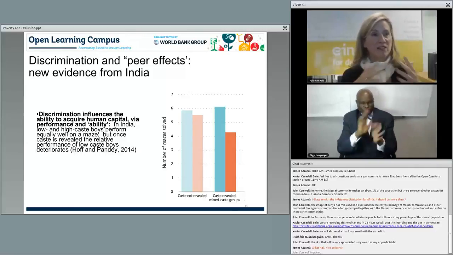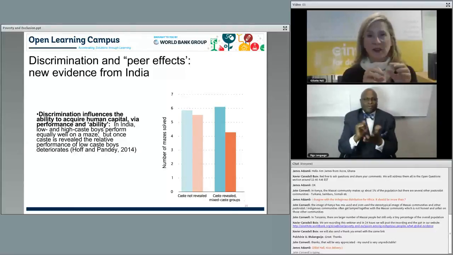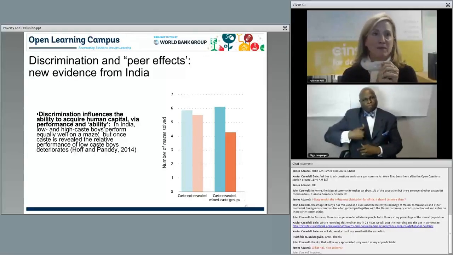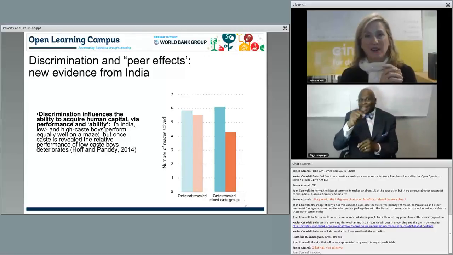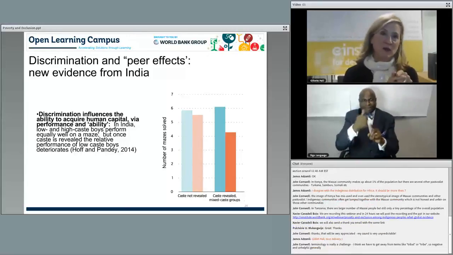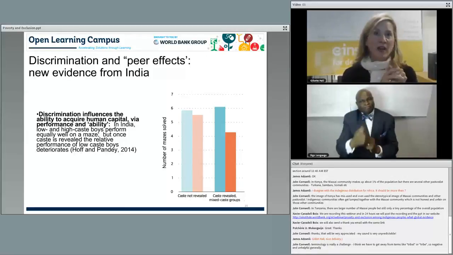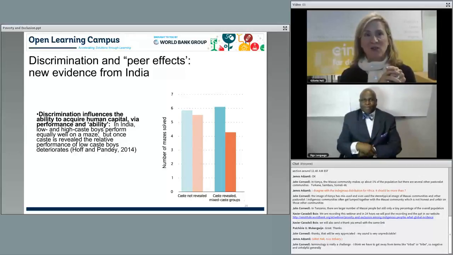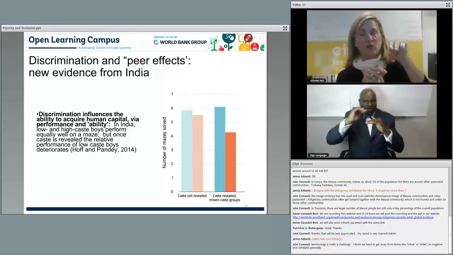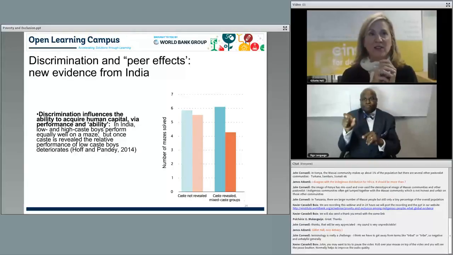It's just a test of, in some ways, your innate ability. What she's showing us is that there is no such thing as purely innate ability, and that ability itself is influenced by circumstances. If you give the test to a group of boys and caste is not revealed, that's the two bars on the left, there is very little difference between the number of mazes that the boys can solve.